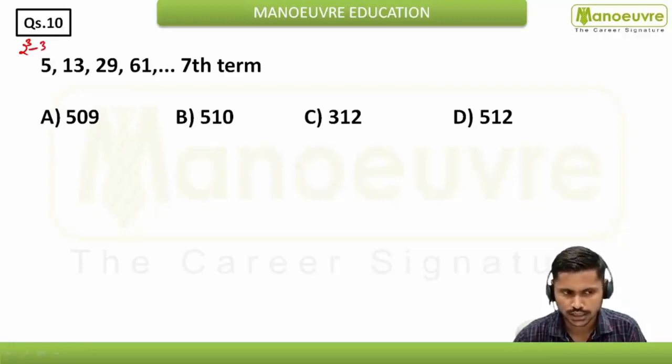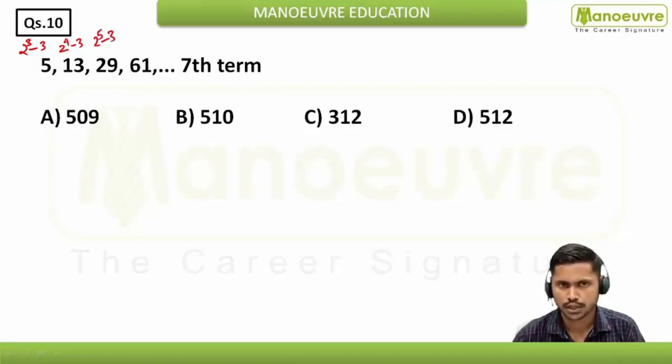If I talk about 13, you can say 2 to the power 4 minus 3. 2 to the power 4 is 16, minus 3, you will get 13. If you do 2 to the power 5 minus 3, which is 32 minus 3, you will get 29. If you do 2 to the power 6, you will get 64 minus 3, you will get 61.